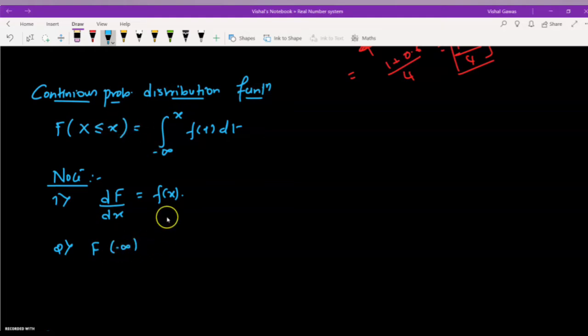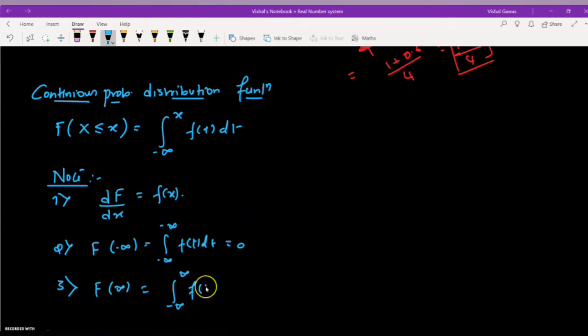F at minus infinity would be the integral from minus infinity to minus infinity, right? Whenever you have a definite integral from a to a, that's always 0, so that's 0. And third one, F at infinity would be the integral from minus infinity to infinity of f of t dt. That's one.